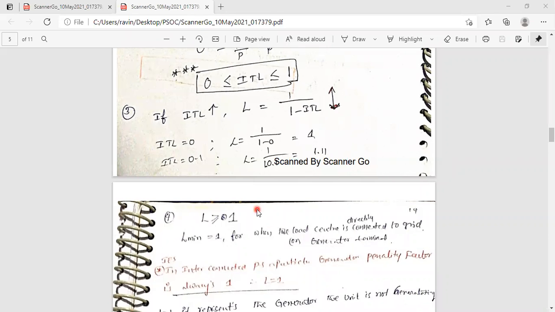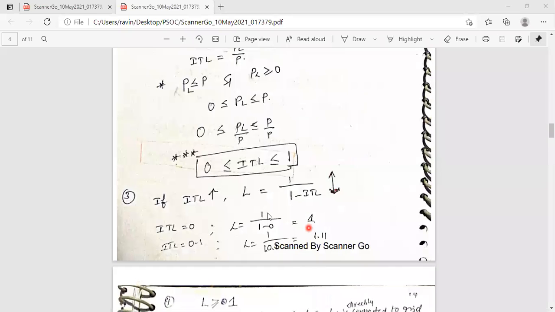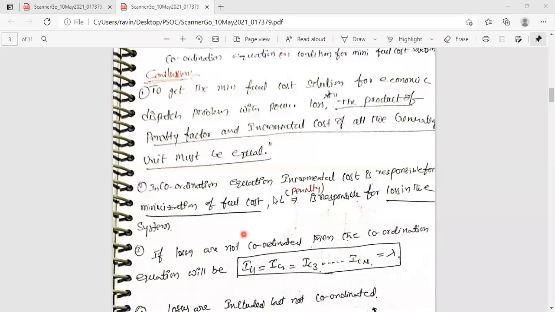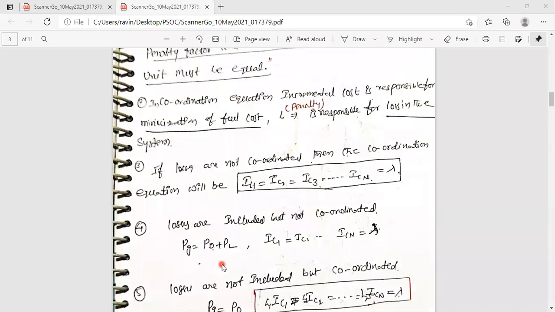Incremental fuel cost, load center directly to the grid. It's all about the four important conclusions about the penalty factor and the coordination equation.